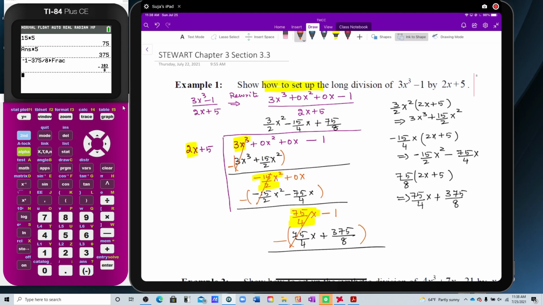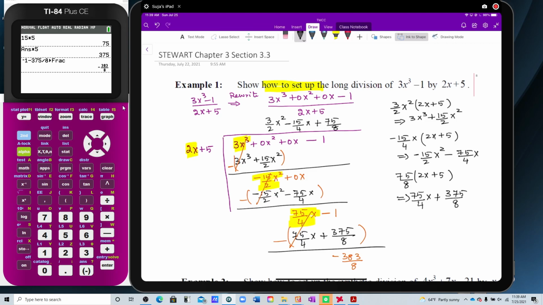So the remainder is negative 383 over 8. So this is the remainder, and this is the quotient. Negative 383 over 8 is the remainder.